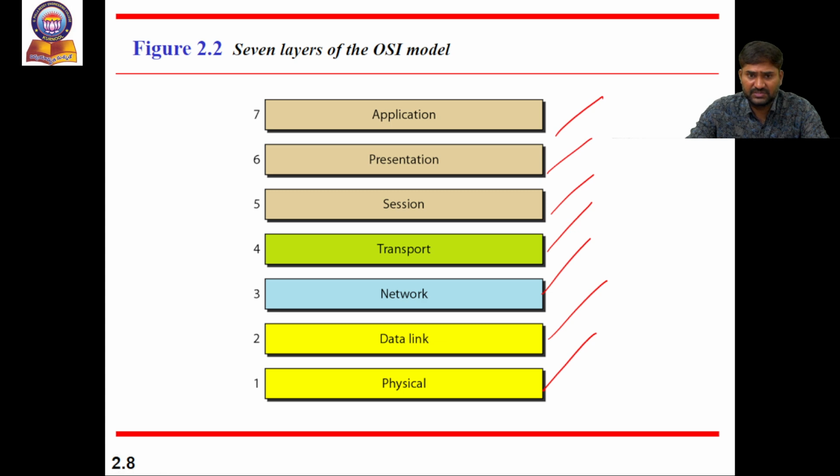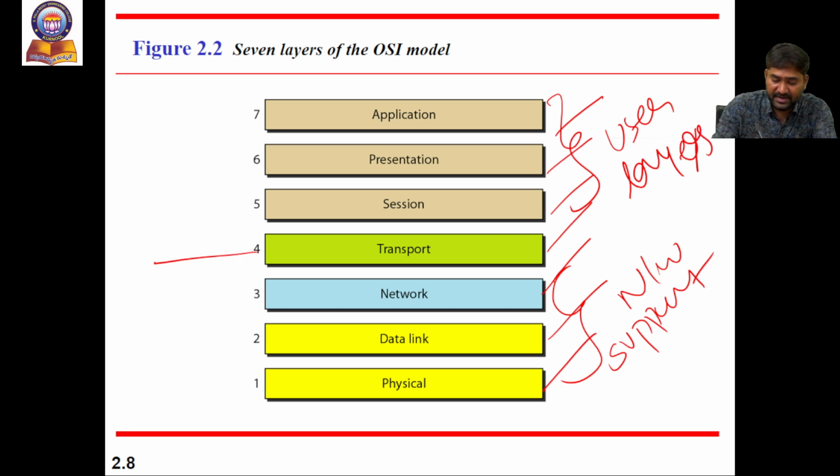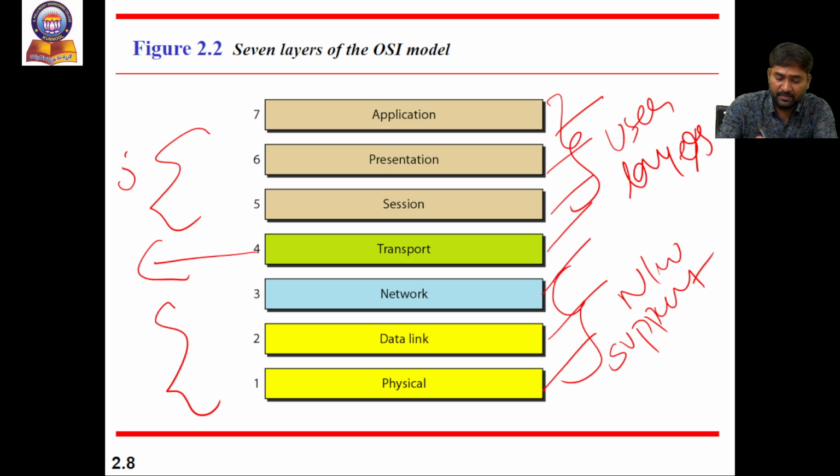The bottom three layers are network support layers, and the top three layers are user support layers. The transport layer is a bridge between these two groups.